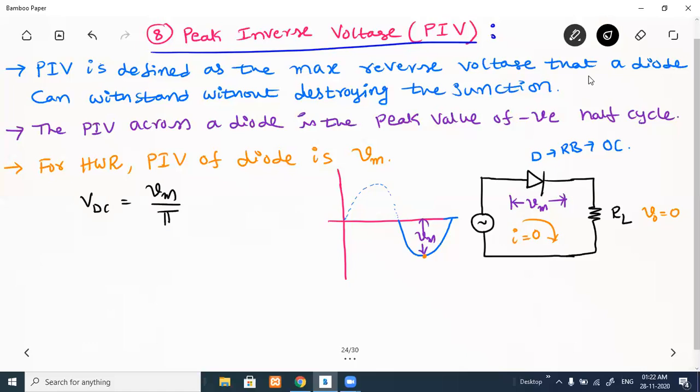We already calculated. So from this, Vm equal to pi into VDC. That is the PIV of the diode used in the half wave rectifier.